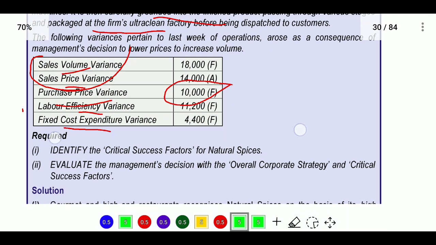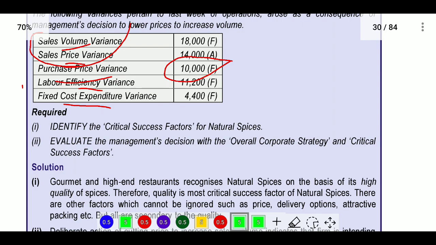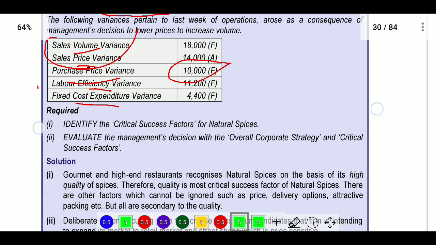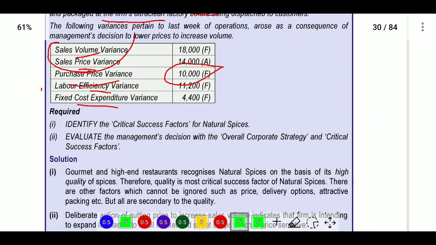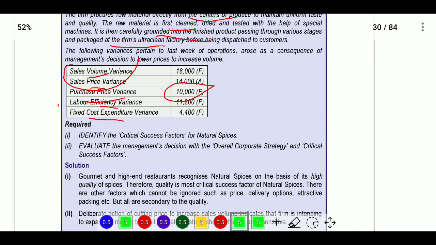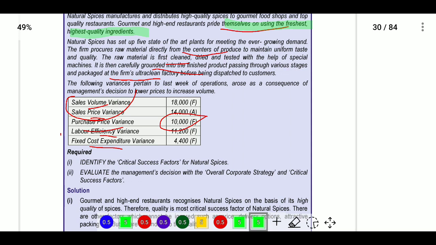Next, the second question: evaluate the management decision with the overall corporate strategy and critical success factors. Here they are focusing on cost cutting, and they are expanding in retail as well. They are going for five states in direct centers, maintaining uniform taste and quality. They are going for the retail market and street shops, which are price sensitive.